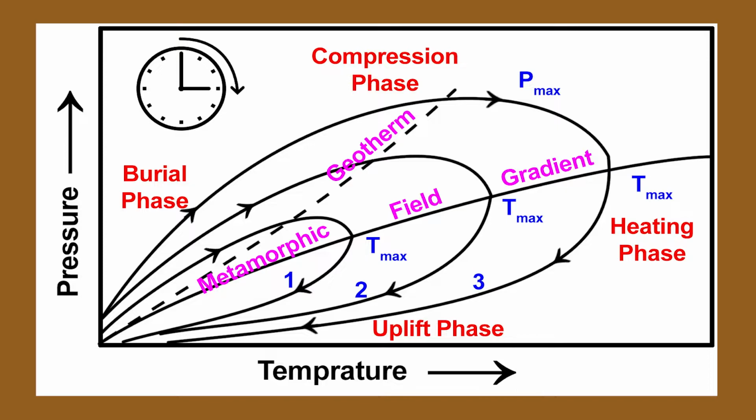The curved shape of a PT path results from the complex mathematics of thermal modeling, but is explained in terms of the physical processes involved. On every PT path, there is only one point that reflects the PT at the time of equilibration of the peak metamorphic mineral assemblages.